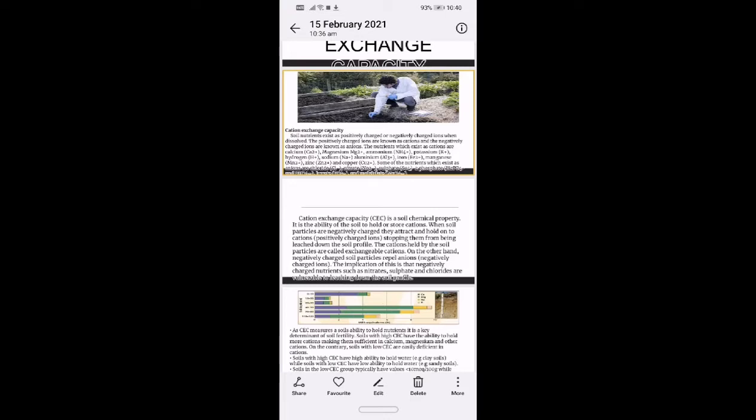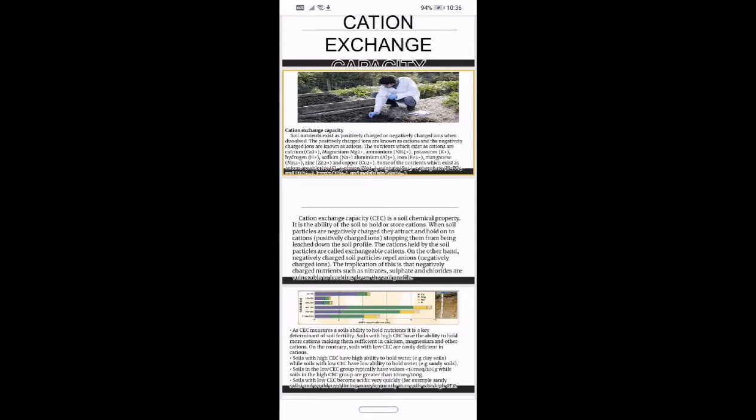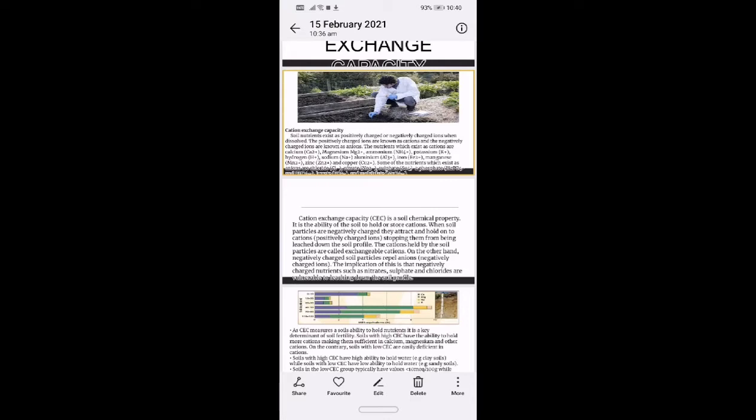The nutrients which exist as cations are calcium, magnesium, ammonium, potassium, hydrogen, sodium, aluminum, iron, manganese, zinc, and copper. Some of the nutrients which exist as anions are chloride, nitrate, sulfate, phosphate, borate, and molybdate.